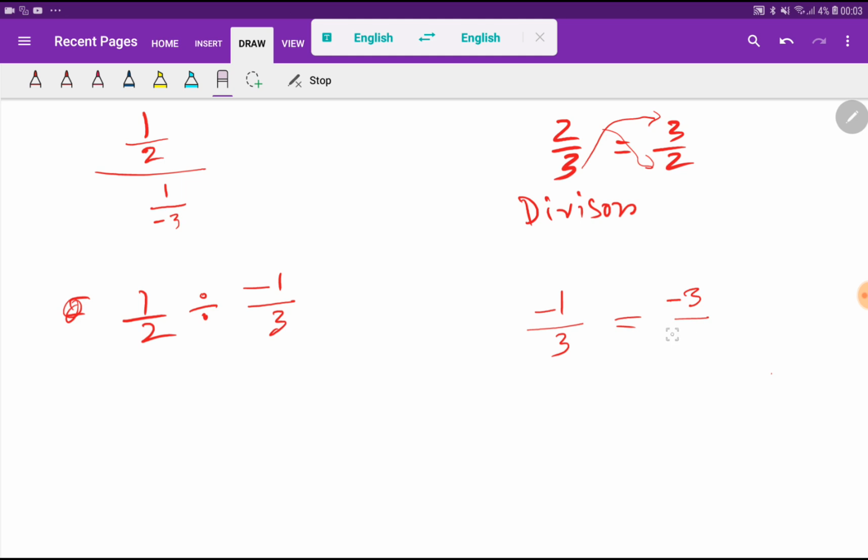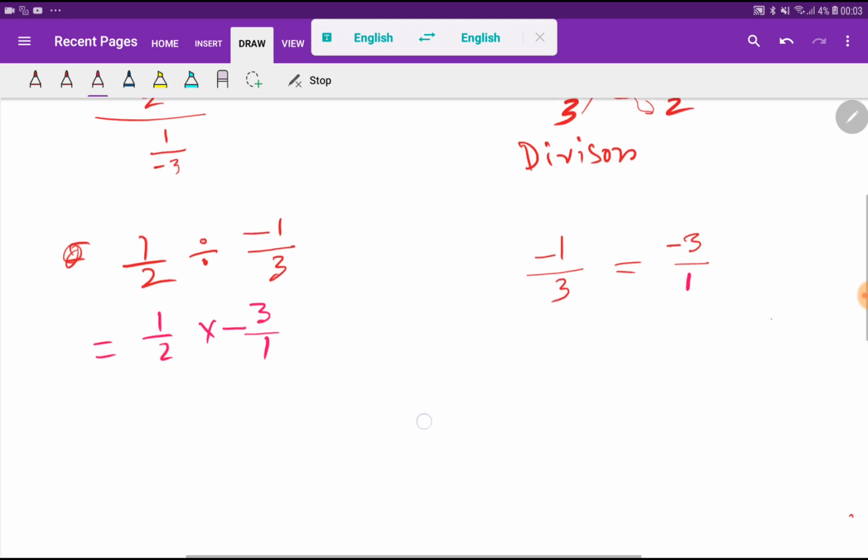You can place it at any place, right? So to divide this half by minus, we're getting this, right? So we need to multiply 1 times minus 3 divided by 2 times 1.